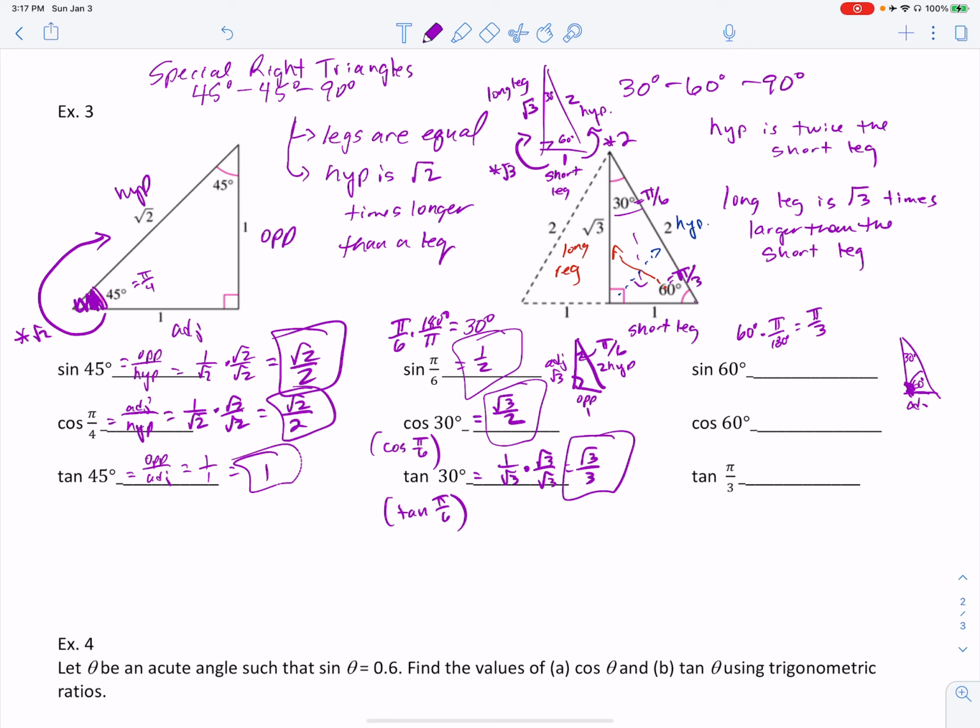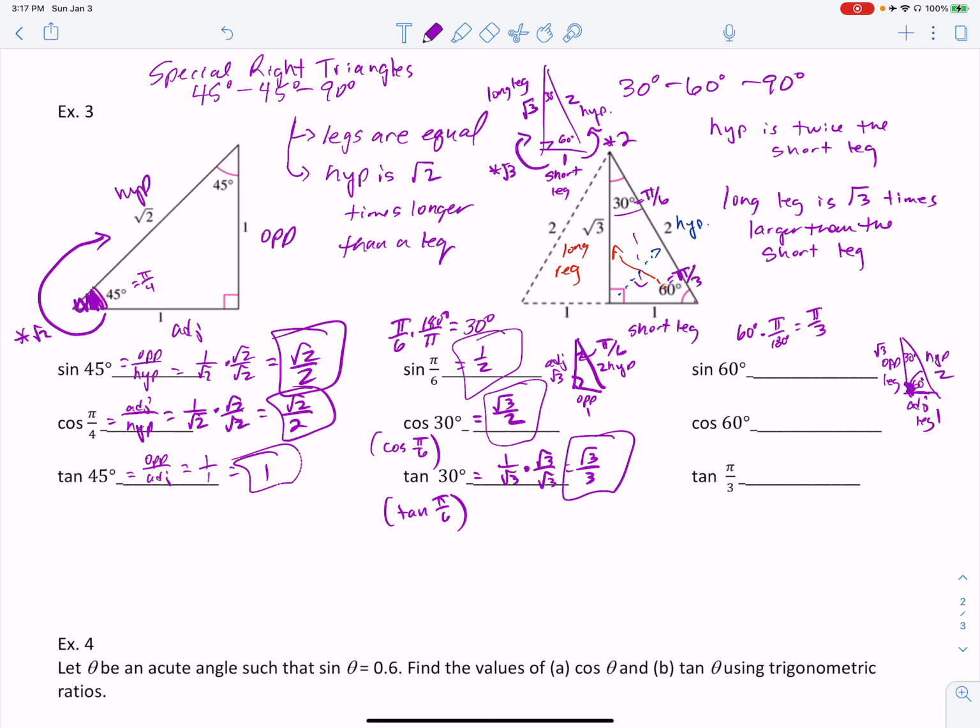So this is your adjacent leg, and this is going to be your opposite leg. They switch positions because it's a different acute angle. Now your hypotenuse still stays the same because it's opposite your right angle. Hypotenuse is 2. Opposite your 30 degrees is your short leg. Opposite your 60 degrees is your long leg.